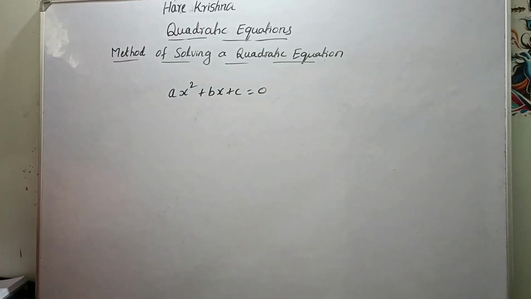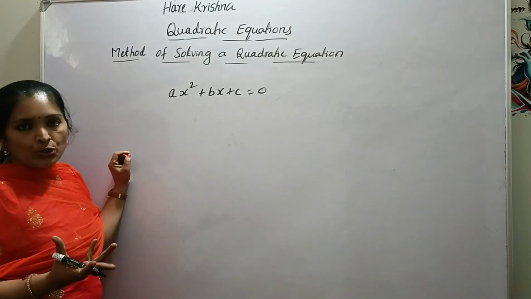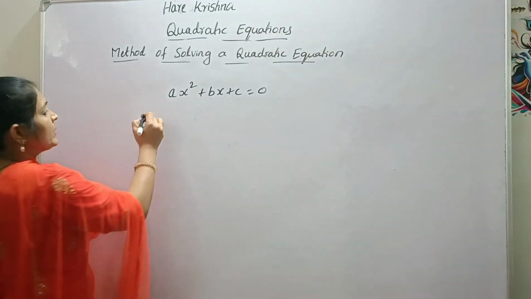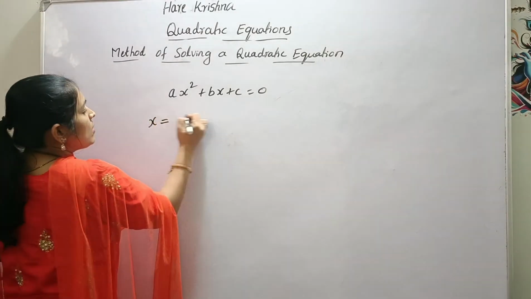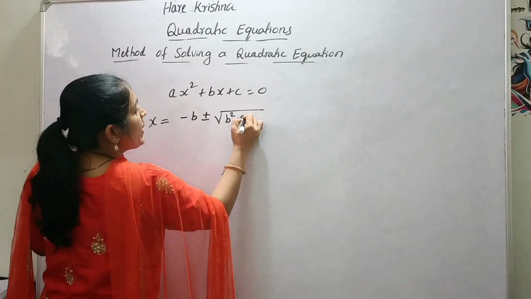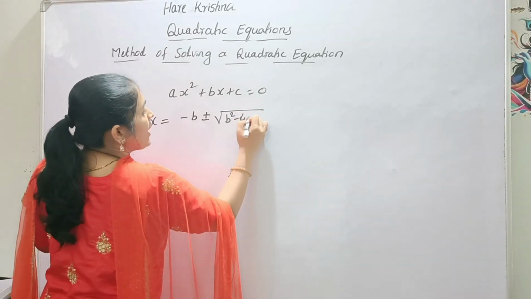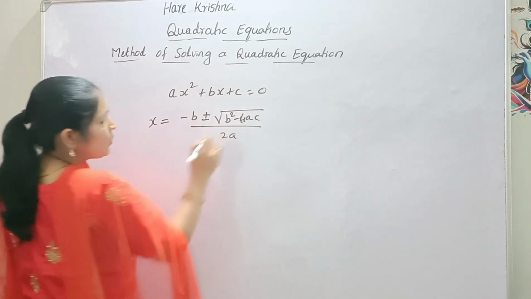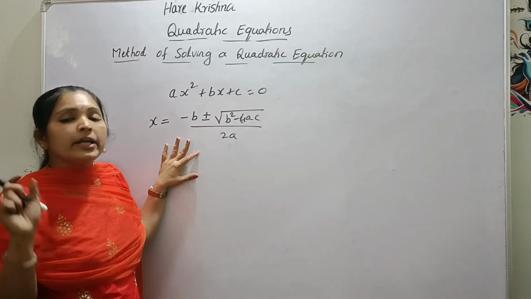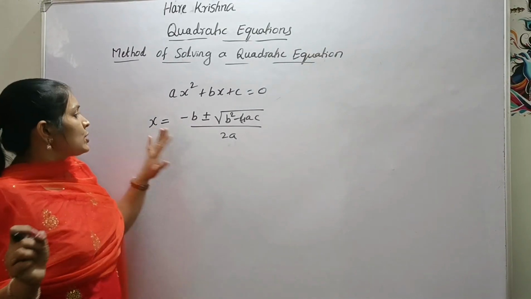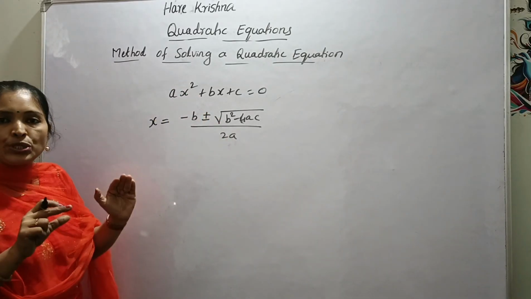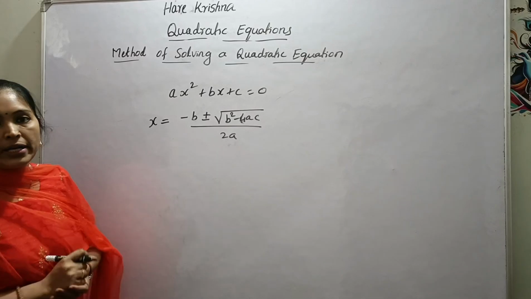The roots or solution of the quadratic equation are x is equal to minus b plus or minus square root of b square minus 4ac divided by 2a. This formula is called the quadratic formula. Using this formula we will find the solution or roots of the given quadratic equation.